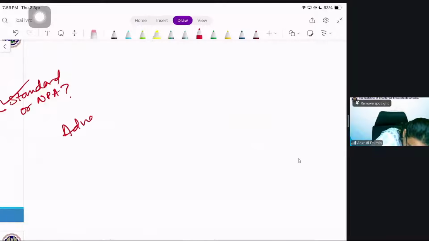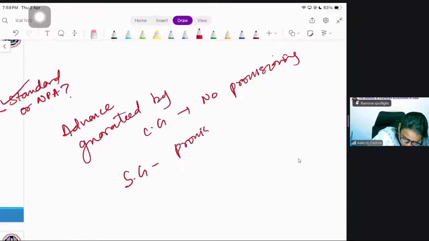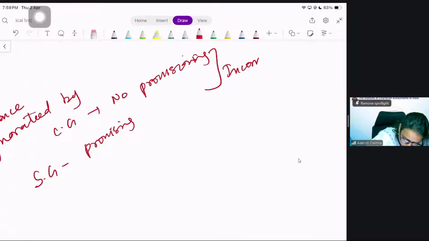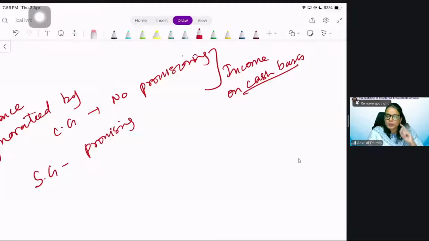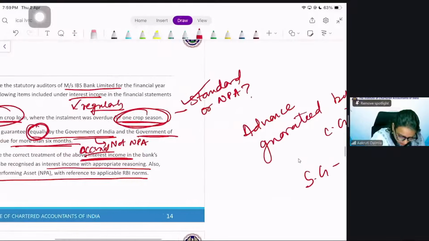If an advance is guaranteed by central government, no provisioning. If guaranteed by state government, provisioning. And in both cases, income on cash basis. Okay, जब income receive होगी तभी उसको recognize करेंगे. That's it. Look at this.